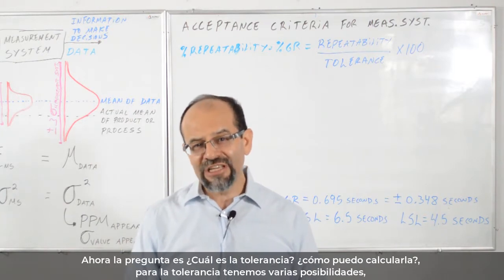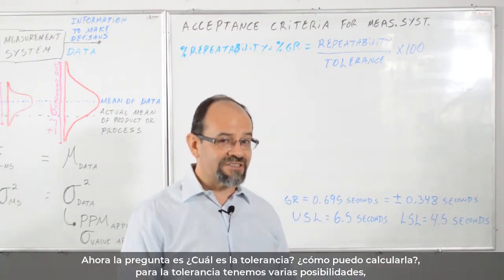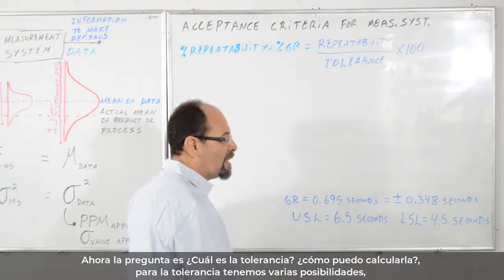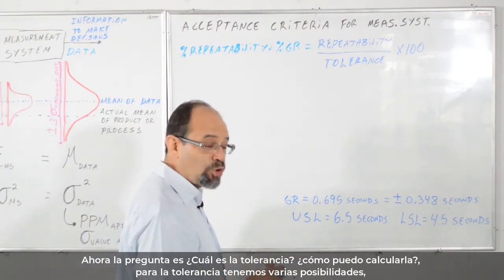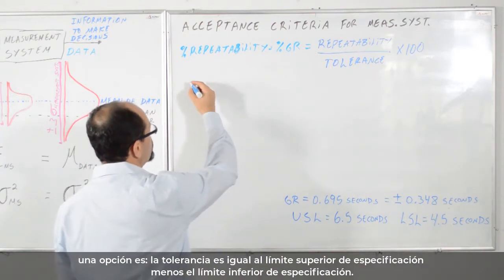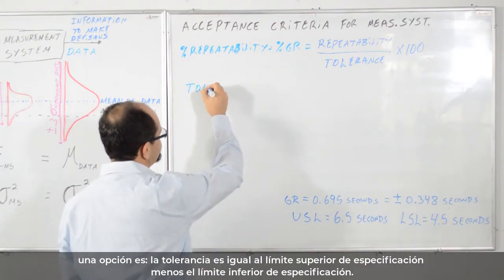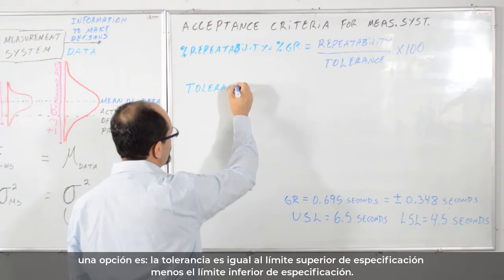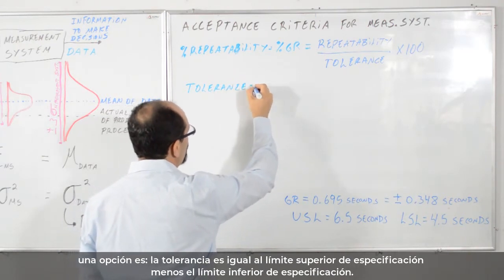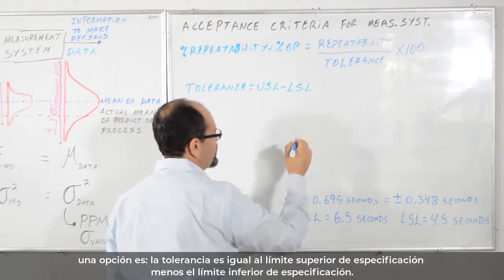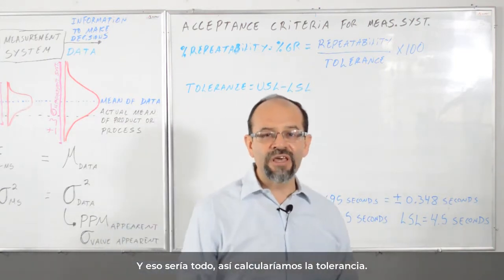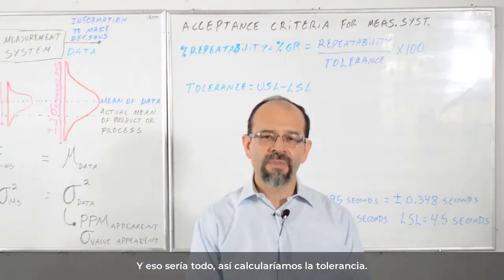Now the big question is, what is the tolerance? How can I calculate the tolerance? Well, we have several possibilities. One option is that the tolerance is equal to the upper specification limit minus the lower specification limit. And that's it. That will be the way to calculate the tolerance.